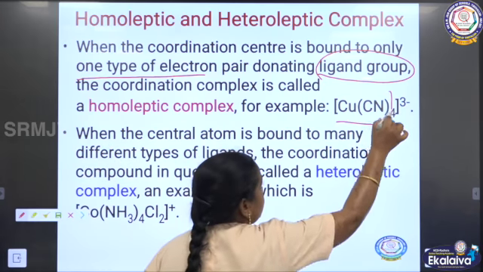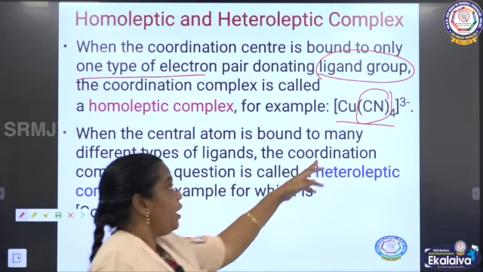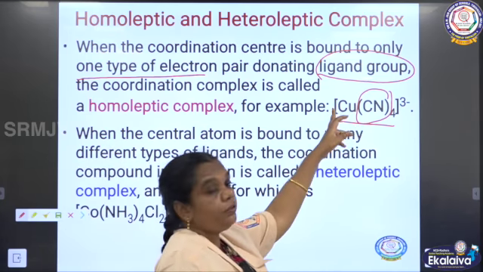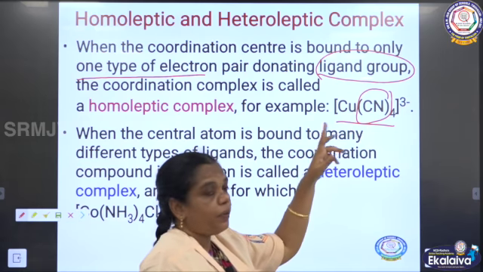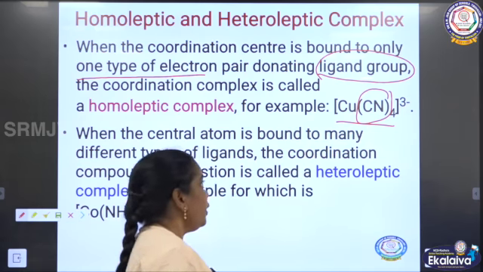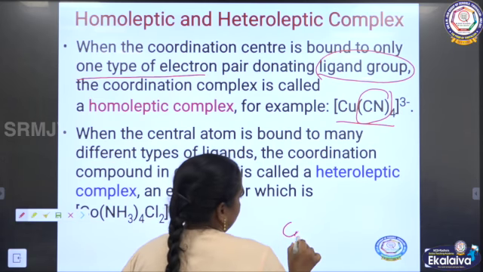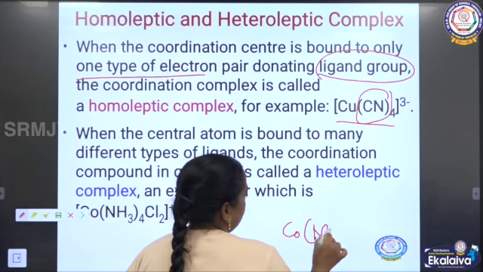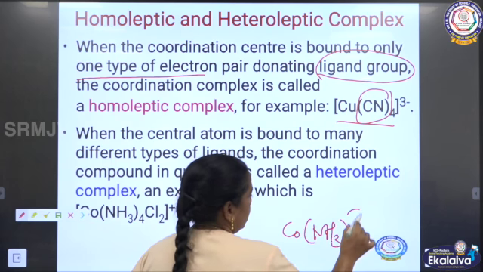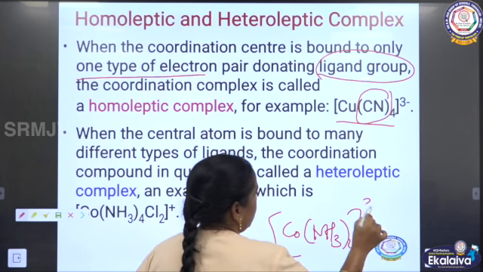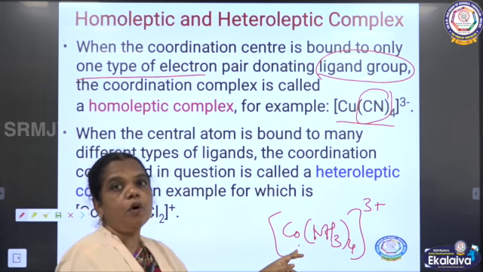So, in this case you can see CuCN. Which one is the ligand? CN, the only one type of ligand. So, the cyanide alone is going to share the electron with the central metal atom copper. And you can see some other example also. Here also only one molecule, ammonia.